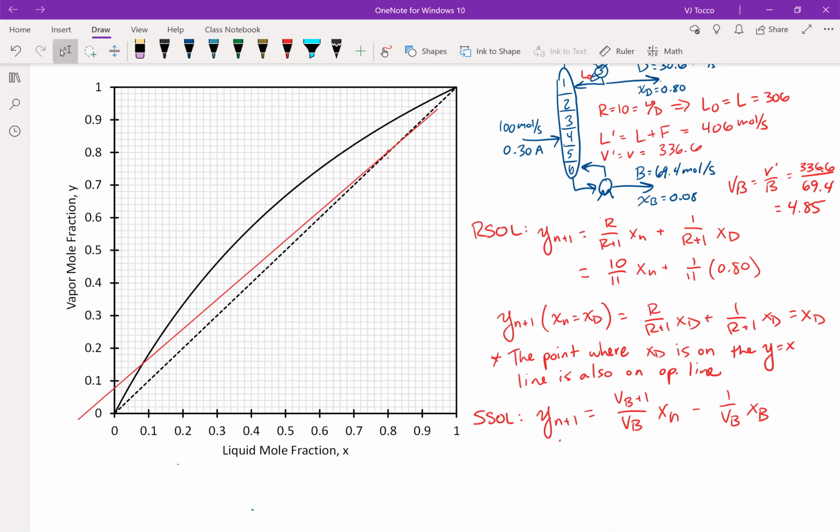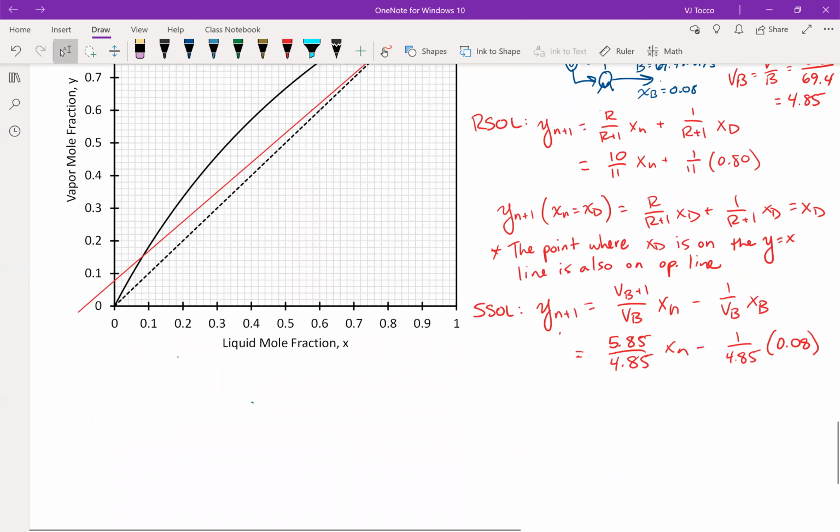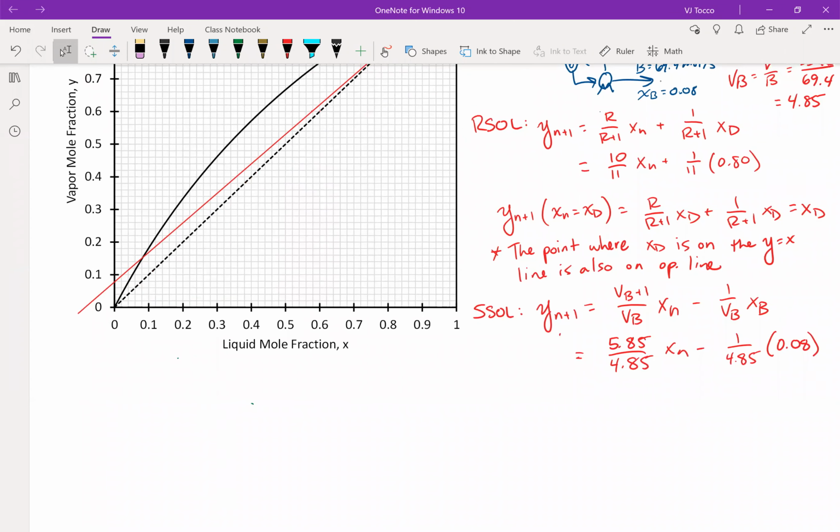So therefore I can plug in my VB and my xb, and I can obtain an equation for the slope of the operating line. So 5.85 over 4.85 xn minus 1 over 4.85 xb, where xb is 0.08. Now I can do a similar thing here where I can simplify my life a little bit by plotting a different thing than the y-intercept.